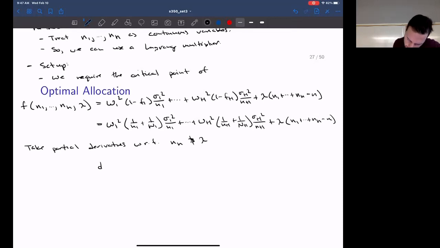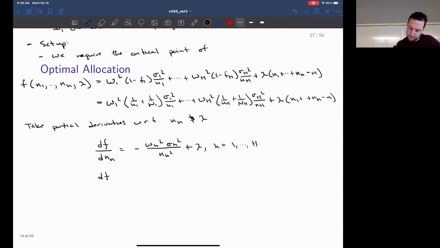We have df divided by d little nh, which is going to give us negative wh squared sigma h squared divided by little nh squared plus lambda, for h equal to 1 to H, and df divided by d lambda is equal to n1 plus little nh minus n.